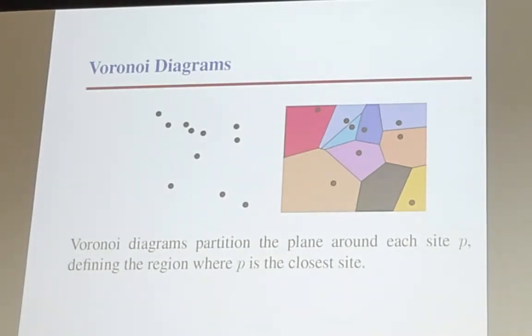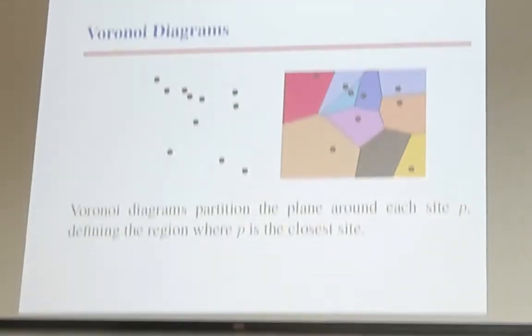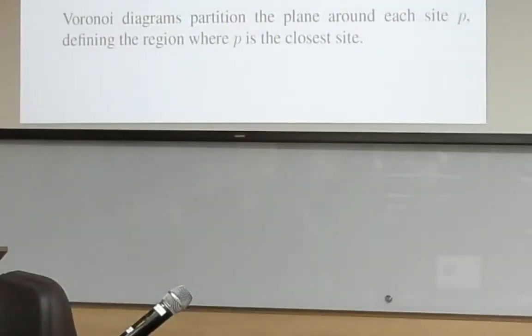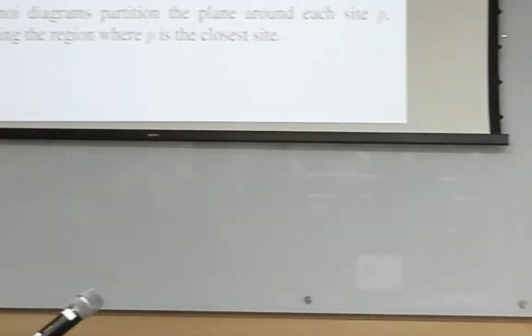Because we've carved up the space into regions such that each region are all the points that are closest to each particular firehouse. Any questions about that? This kind of diagram is called a Voronoi diagram, okay? And if you can build it, it's very, very good for answering closest point kind of problems, right?